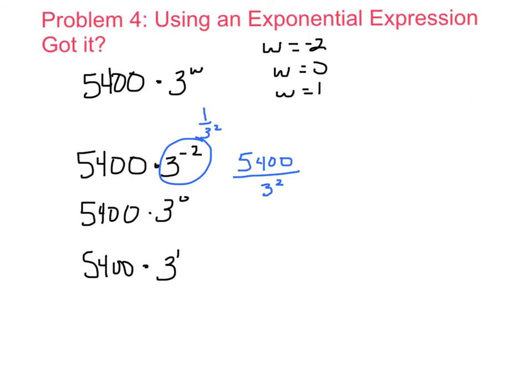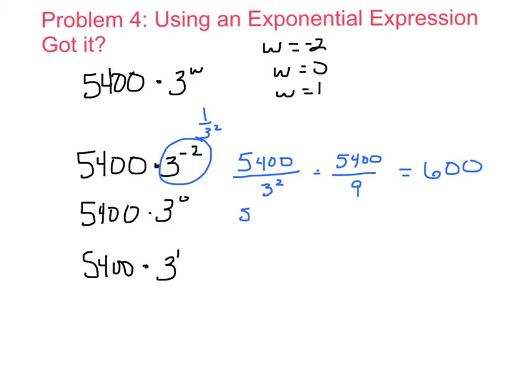So 5,400 times 1 is just 5,400. So 5,400 divided by 9. 5,400 divided by 9 is going to be what? It's going to be 600.